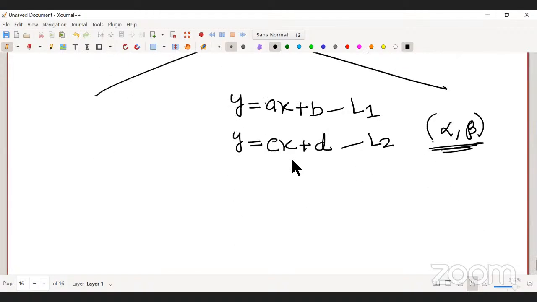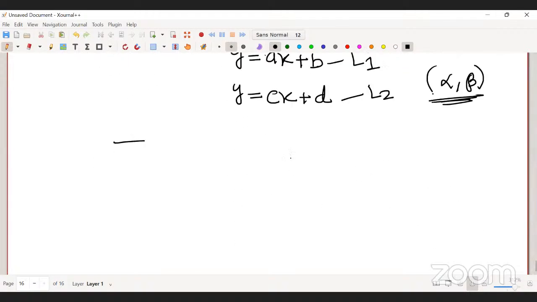If you have a bunch of equations and this system of equations has a solution, then that solution will lie on all the equations.